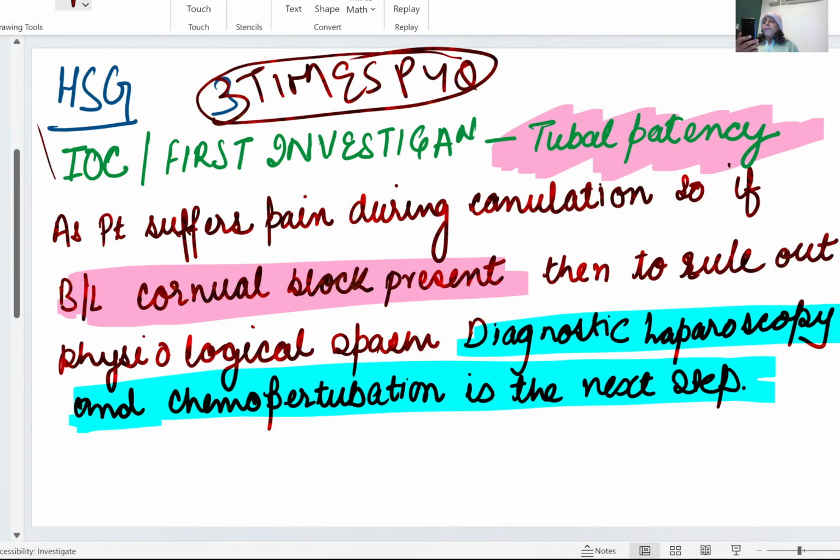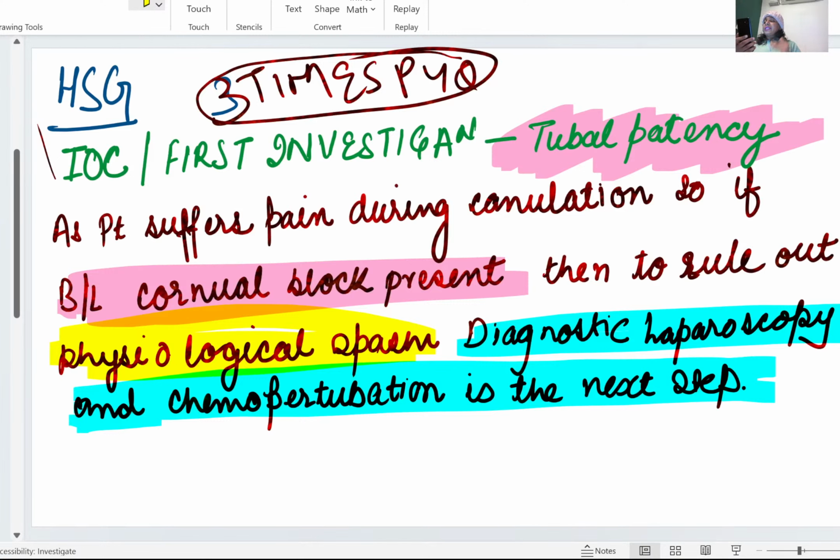Because whenever we put that Leach-Wilkinson cannula, the patient has a lot of pain. So the cornua go into physiological spasm. Please mind this thing. Why is it normal to have bilateral cornual block in HSG?